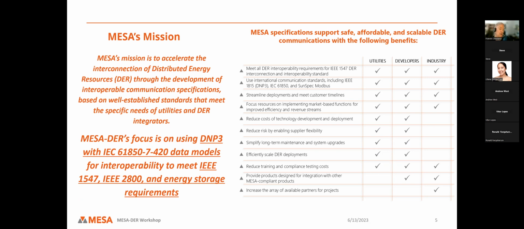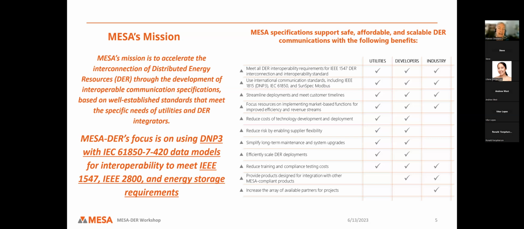And we combined it with the IEC 61850-7-420 data models. And with that, DNP3 becomes interoperable because the same DNP3 data points then can be used across the board and mean the same thing to the utilities, to the DERs, et cetera.